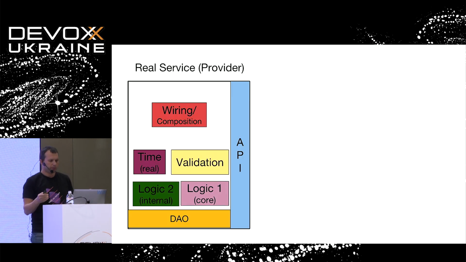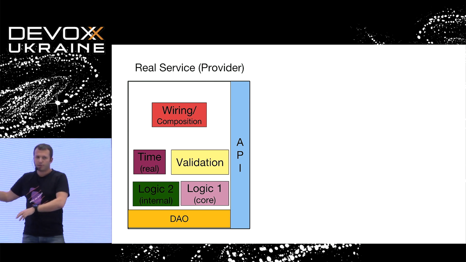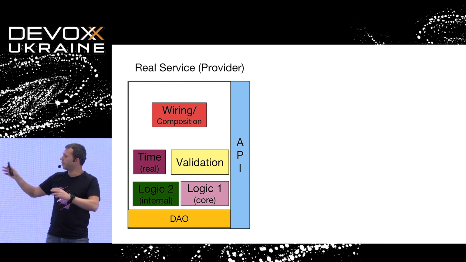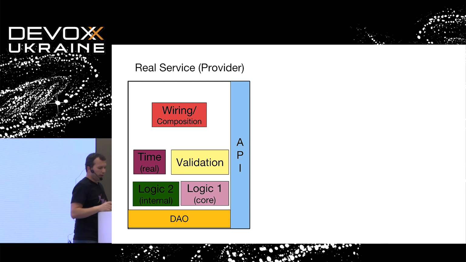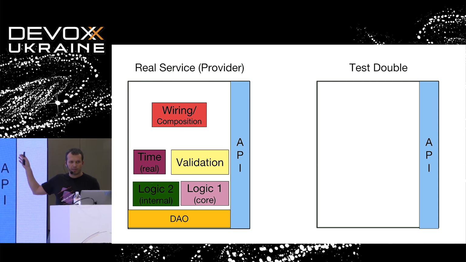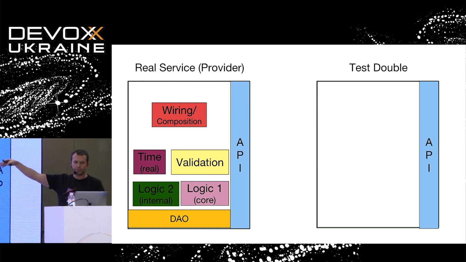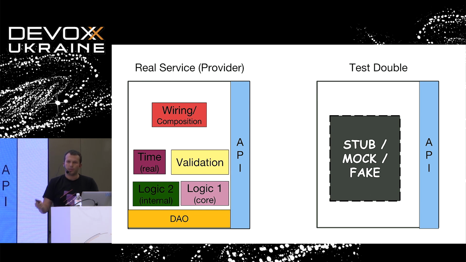If we have our real service, we have the API layer, and then a lot of stuff: the validation, logic, wiring, etc. In the fake, we'll have only the API layer, and instead of all what's inside, we'll have some stub or mock or fake. This way, we can run it, and we can use it for our tests.